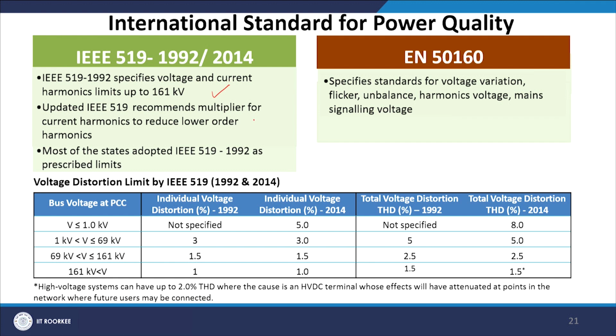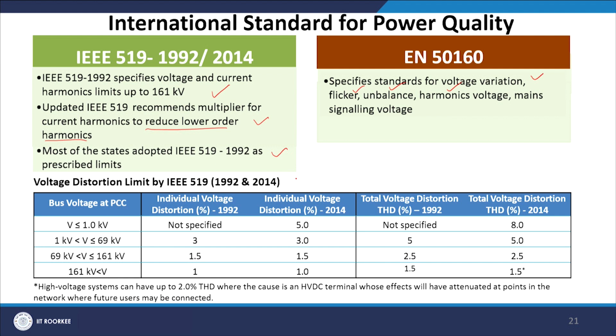Updated IEEE 519 recommends a multiplier for current harmonics to reduce lower order harmonics. Most of the states adopted IEEE 519/1992 as their prescribed limit. Whereas EN 50160 talks about specified standards for voltage variation, flicker, unbalance, harmonics, voltage and mains signaling voltages.